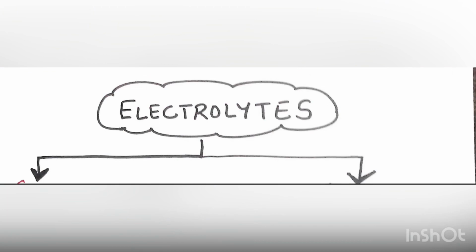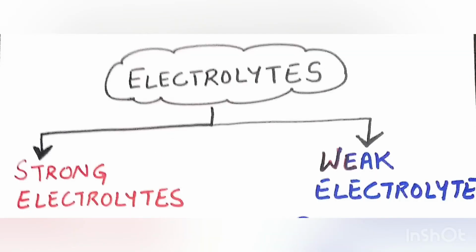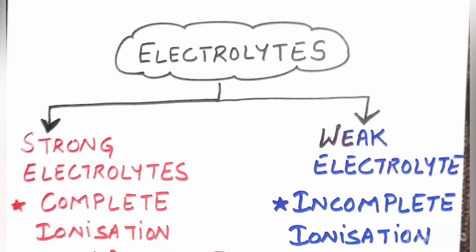Now students, moving ahead with the topic, we know that electrolytes have the presence of free mobile ions to conduct electricity. On the basis of this, we can classify electrolytes further into strong electrolytes and weak electrolytes. Strong electrolytes undergo complete ionization, whereas weak electrolytes undergo incomplete or partial ionization to give us free mobile ions.